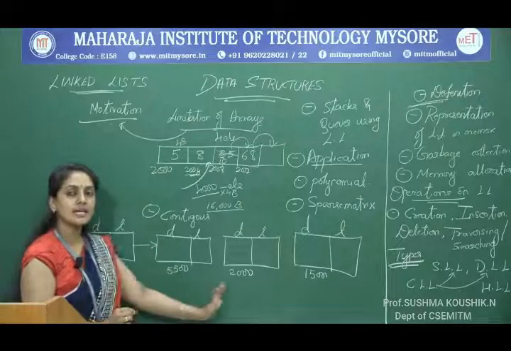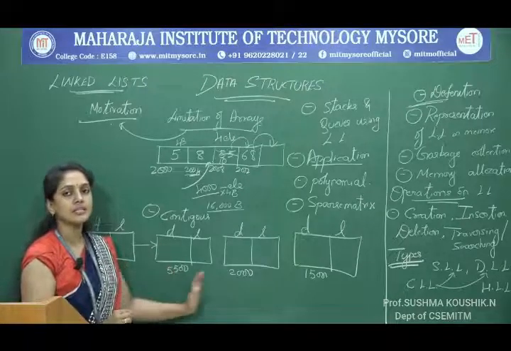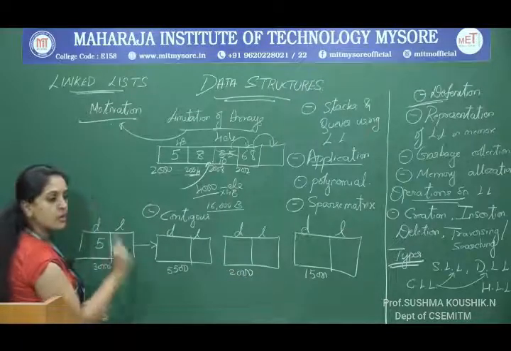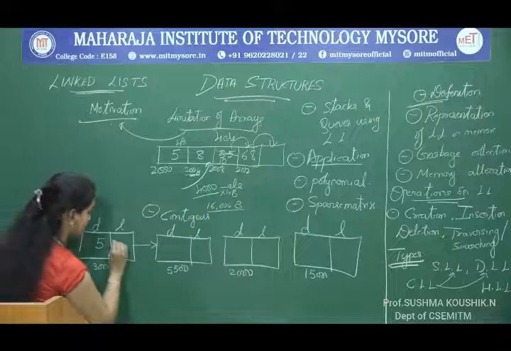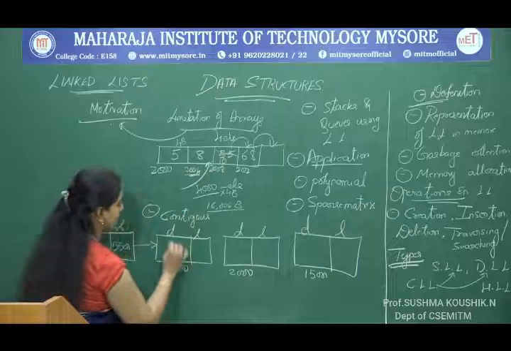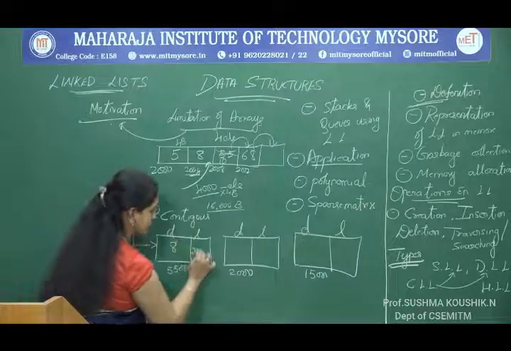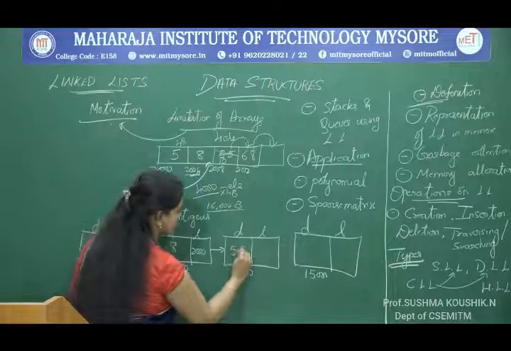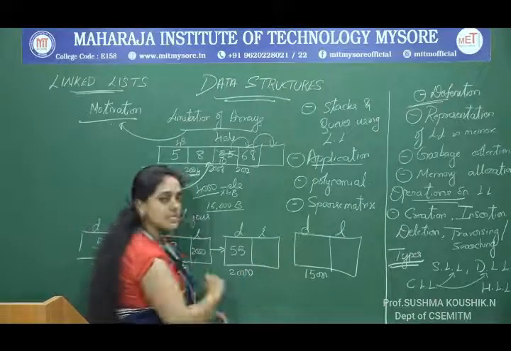Therefore logically they are connected, but physically they are not a contiguous block of memory. So this link part will hold the address of the next node, therefore it is 5500, and here the next value is 8, therefore this is 2000. So the next value which we are trying over here is 55, and what is the next address?